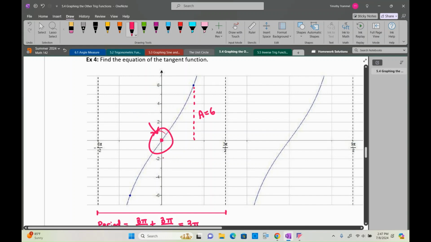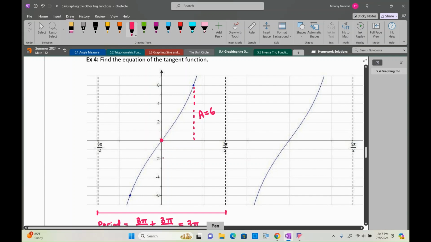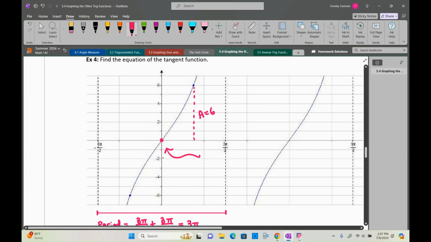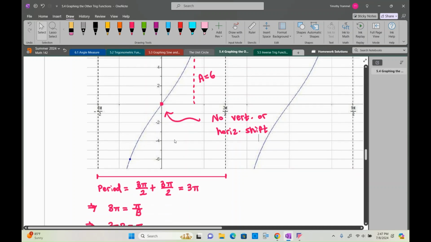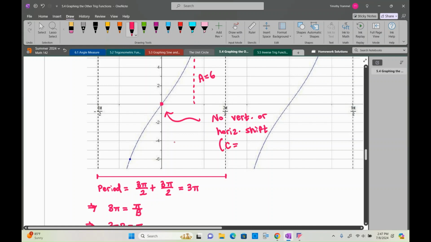The tangent function, the parent function, goes right through the origin. Okay? And so that origin has not been scooted around. So yeah, no vertical or horizontal shift. So that means that both C and D are 0.